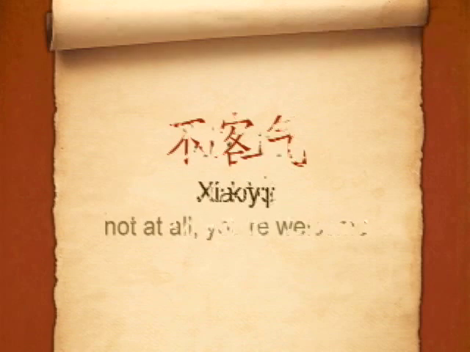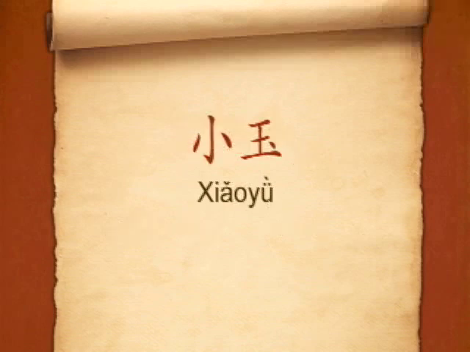好. Here's the name 小玉. 小玉 is a given name for a girl. Listen. 小玉, 小玉.